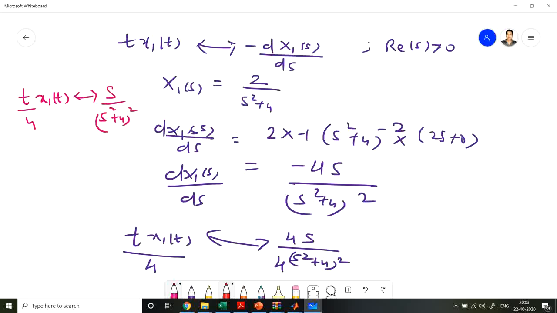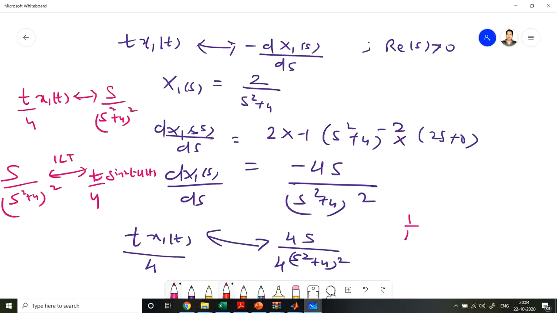So in short, the inverse Laplace transform of s divided by s square plus 4 whole square is 1 divided by 4 t x1t, and what is x1t? It is nothing but sine 2t into ut.